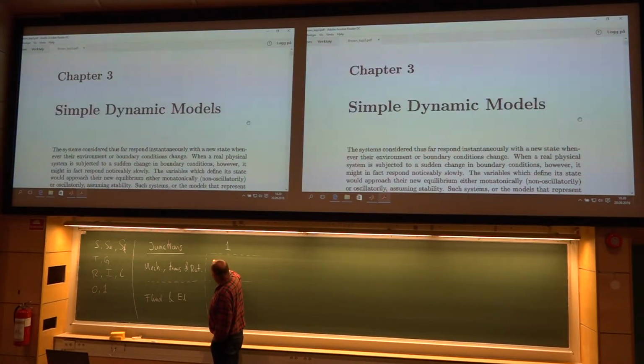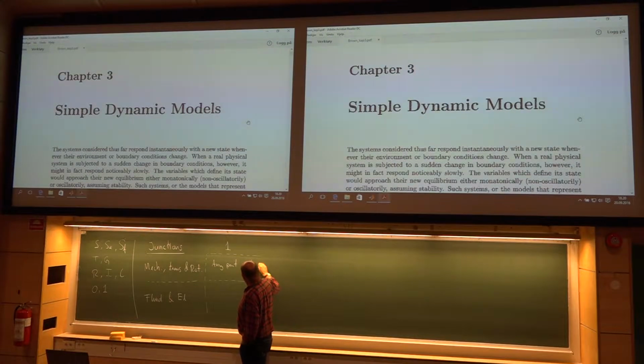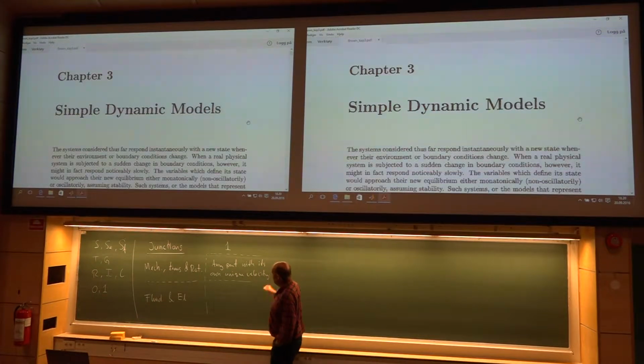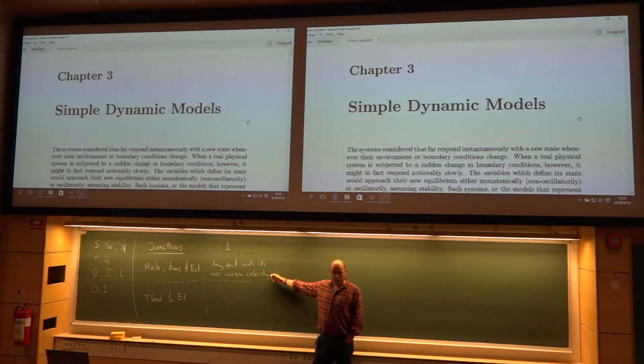Say any part with its own unique velocity. And velocity now either back and forth or rotational velocity.